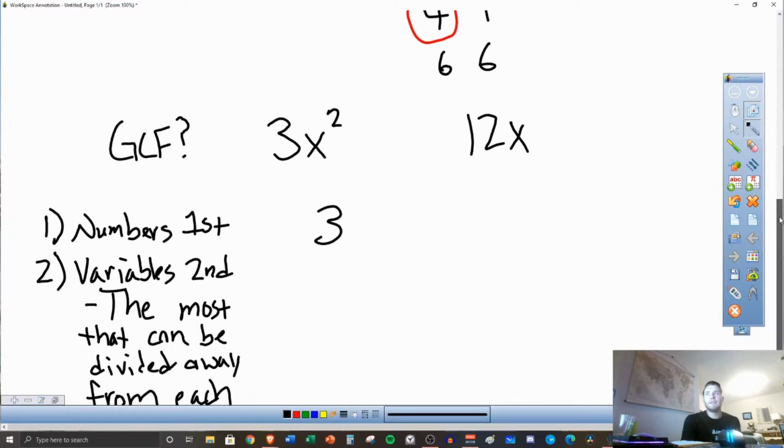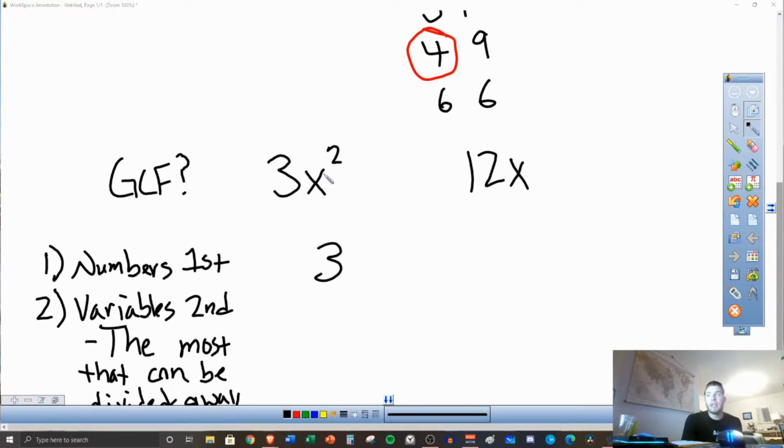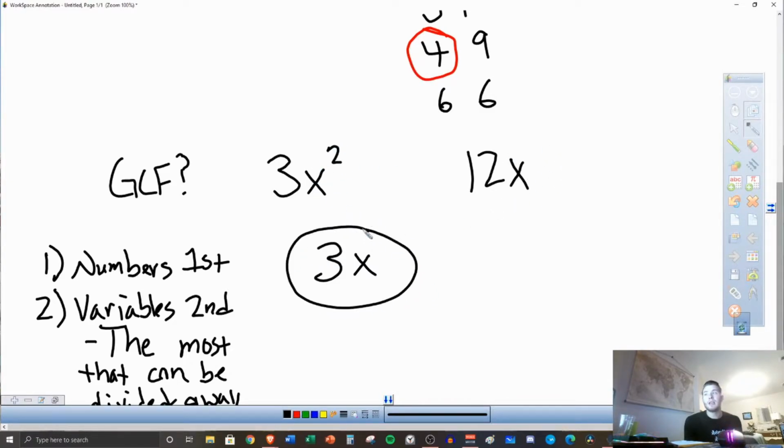How many can I divide away from each? We're just talking about the x values. Well, there's two x's here, x squared, so it's x times x, and then this is just one x. So could I take two x's away from it? Well, no, there's not two on the right side over here. So what is the most that I could take out from each one? Well, that would be x, right? Take an x from here, take an x from here. This is the GCF that we wanted.